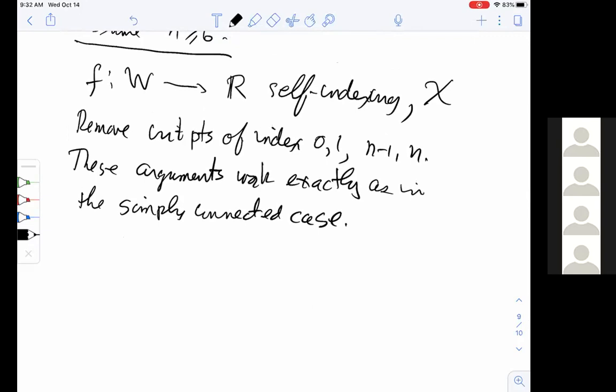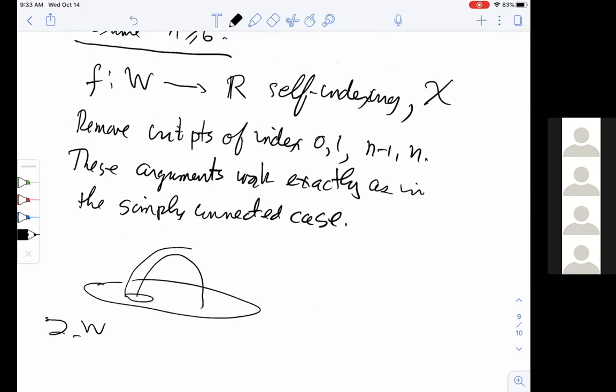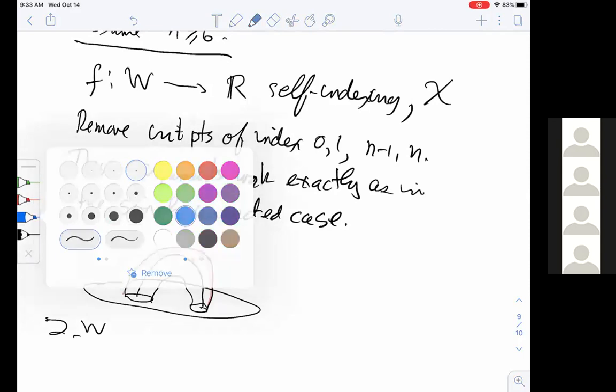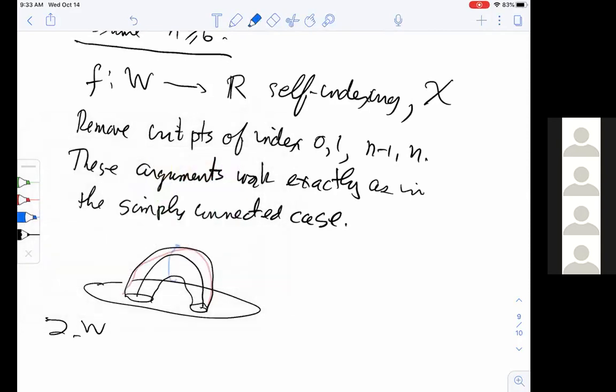Remember when I canceled the critical point of index 1? So here's boundary minus W. I have a critical point of index 1. Let me draw the one handle. What I did was I said, all right, draw this arc across the one handle that meets the ascending manifold out of the critical point in a single point, transversely.